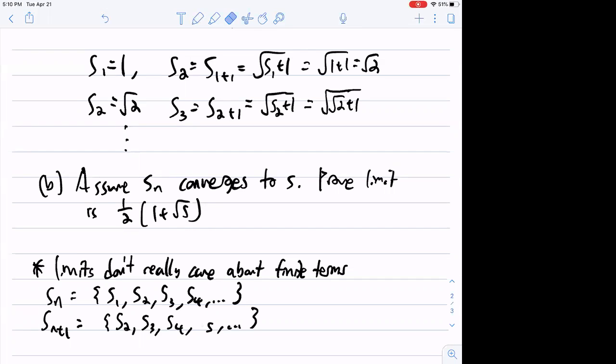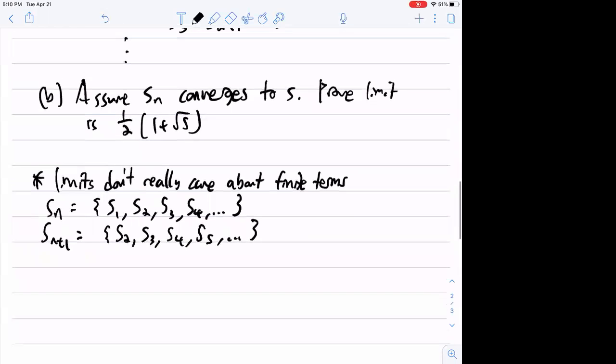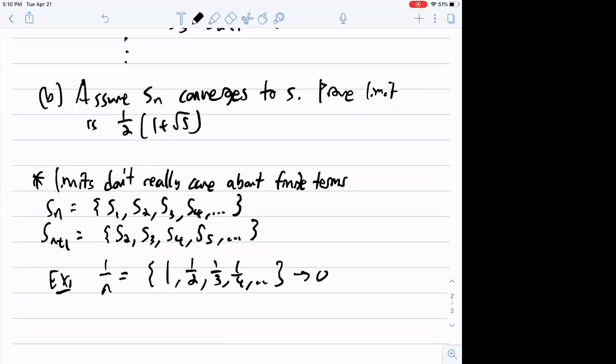This is S. So basically what I'm saying is, if Sn goes to S, Sn plus 1 still goes to S, right? We're missing one term, but it doesn't really matter, right? If you just think of an example, like 1 over n is 1, 1/2, 1/3, 1/4, this thing goes to 0, right?